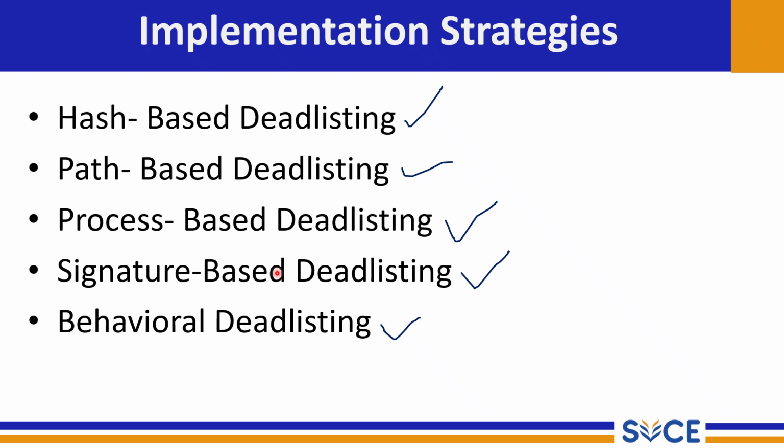If a malicious file is mistakenly added to the dead list, it will be effectively invisible to the anti-malware engine, right? In a dynamic environment, where files and processes are constantly changing, maintaining an up-to-date dead list can be challenging. Regular updates and validation are necessary to ensure that the dead list remains accurate.